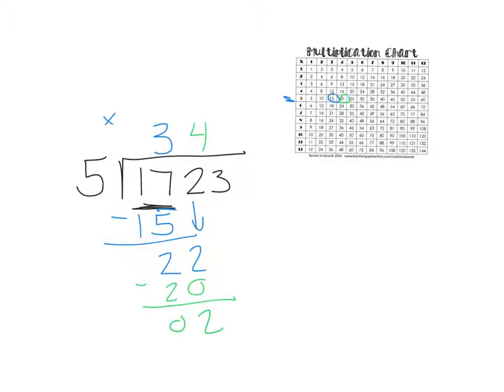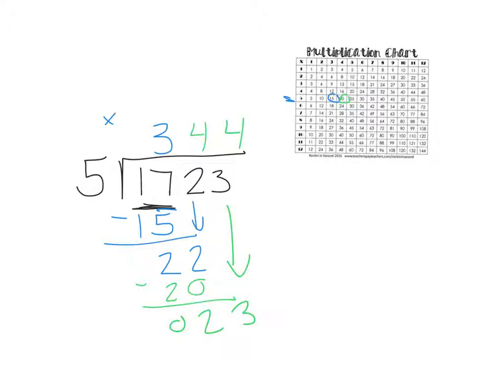Now again, this number in our dividend is smaller than our divisor, so we must bring down our next digit, which is a 3. Now how many groups of 5 can we make out of 23? Or what is 23 divided by 5? And again, the closest we're going to be able to get is 4 groups.